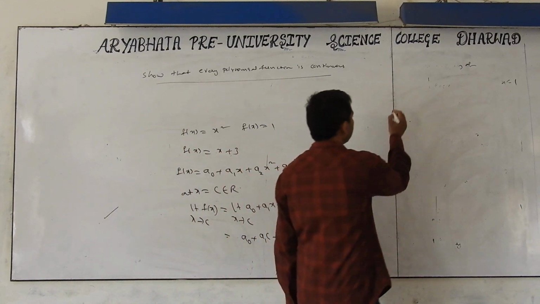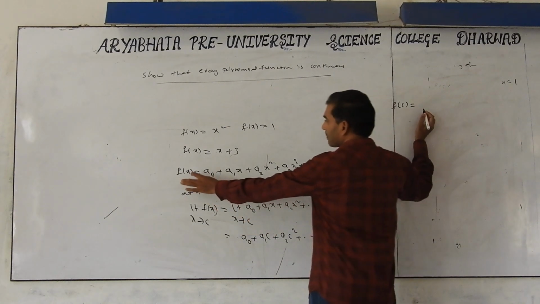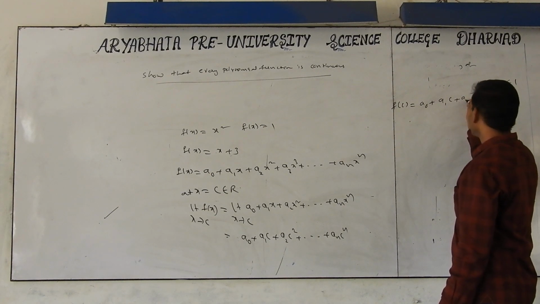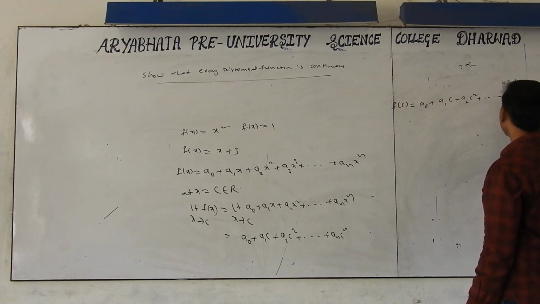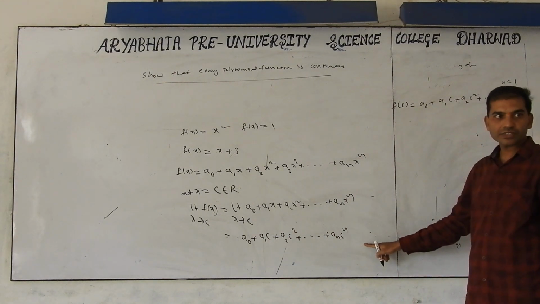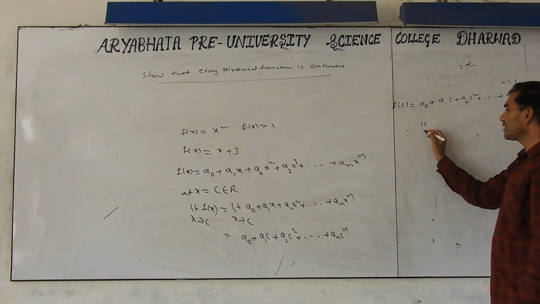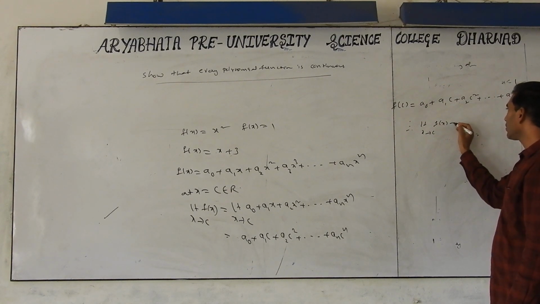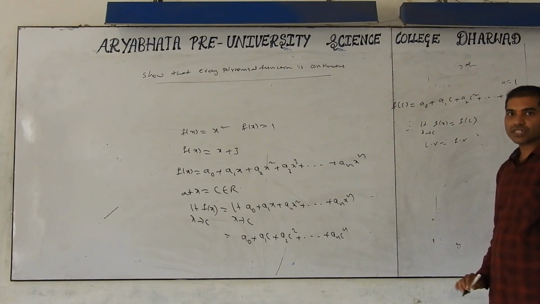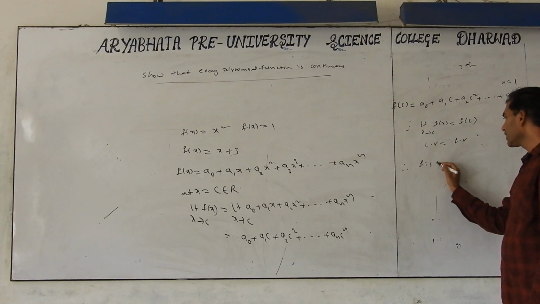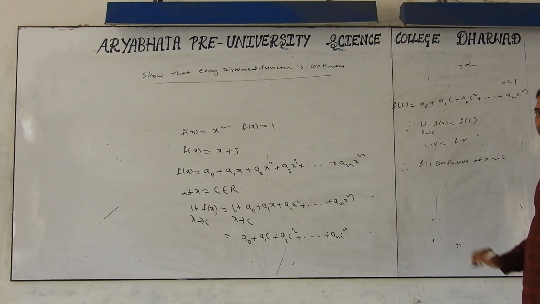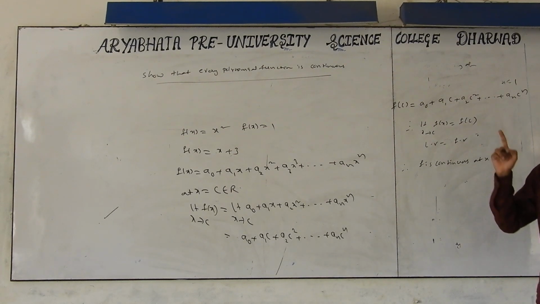Next, the function value f of c, with x replaced by c: a naught plus a1c plus a2c square plus so on, an c raised to n. Both are the same. Therefore limit x tends to c of f of x equals f of c. So the limit value equals the function value. Therefore, f is continuous at x equal to c, where c belongs to the real numbers.